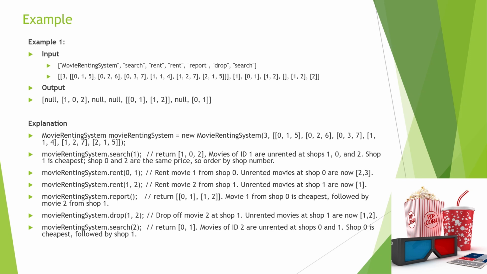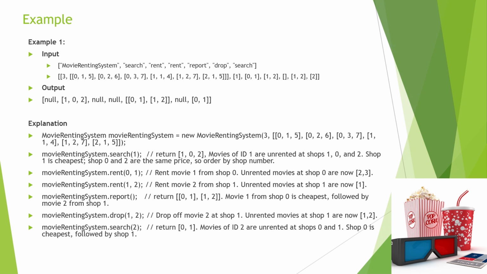Then there comes report, which represents the sorted list of all the rented movies. So far we have 2 rented movies. First one is from shop 0 movie 1, and the second one is from shop 1 movie 2.